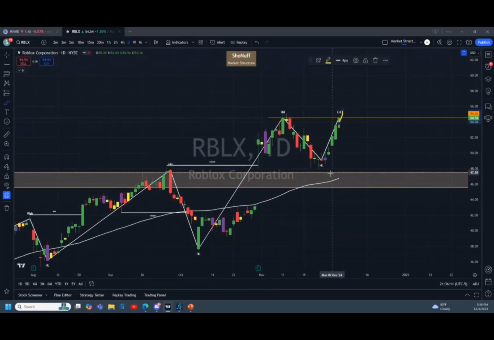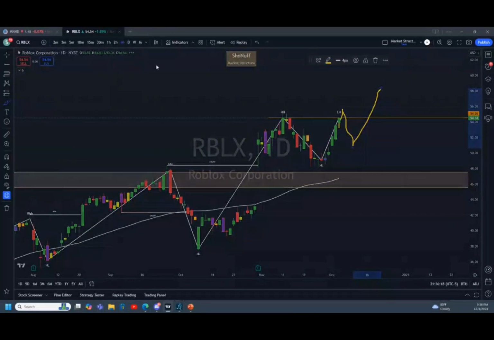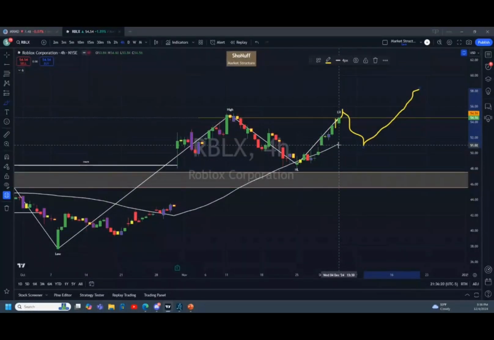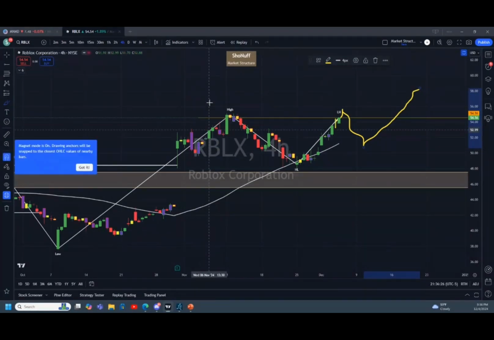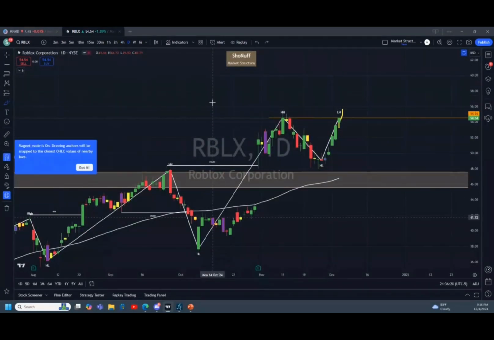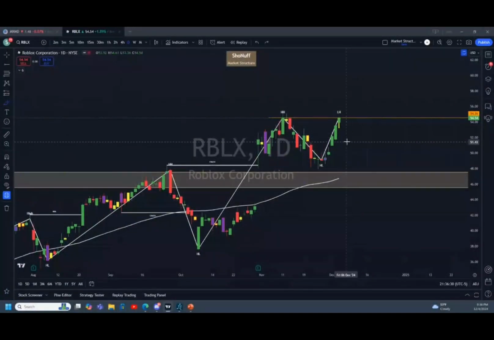It could go up here, do a fake out, come back to go higher. It could do that too. And that would just be on a 4 hour. I would look for entry in that 4 hour. But Roblox contracts aren't too expensive.